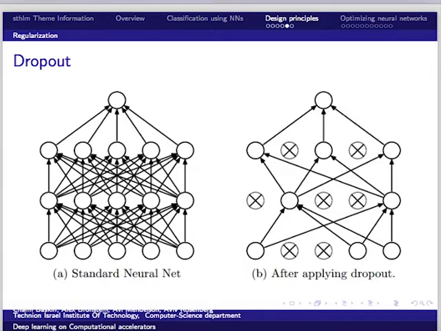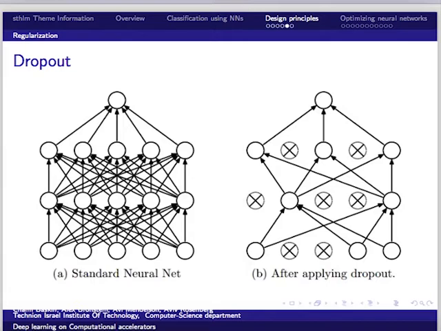In the training process you use all your weights overall, but in each epoch you use different weights, sampled from your distribution.